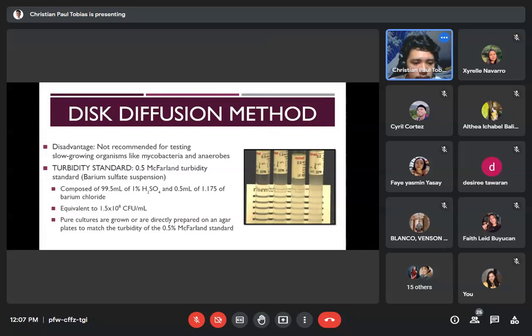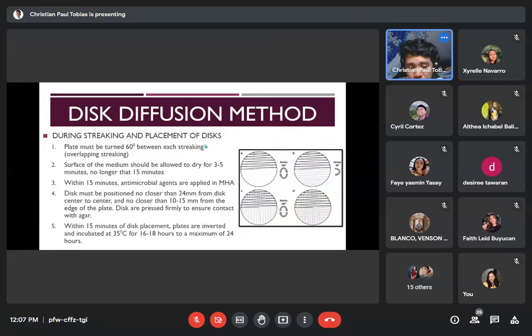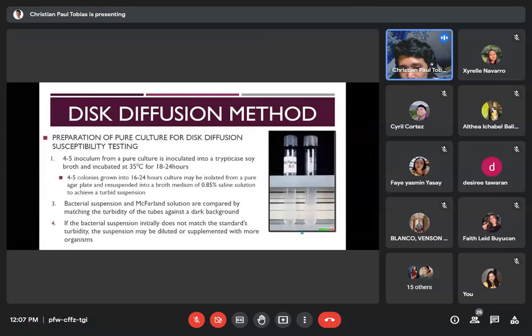Tama? Okay. So the preparation of pure culture for disc diffusion, as we have discussed. The inoculum pure culture is inoculated in trypticase soy broth and incubated at 35 degrees Celsius for 18 to 24 hours. So your trypticase soy broth is yellow kasi siya. Tapos wala akong makitang example na McFarland na yellow, so kunwari yellow na lang tapos nag-match sila.